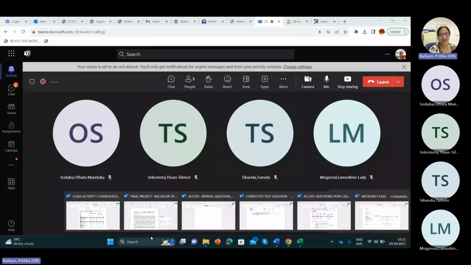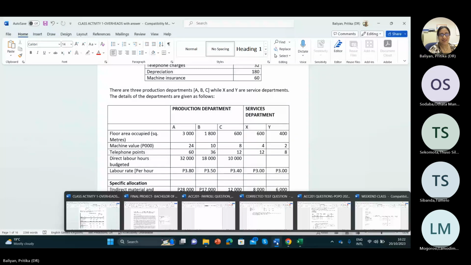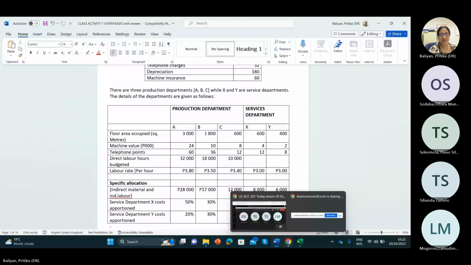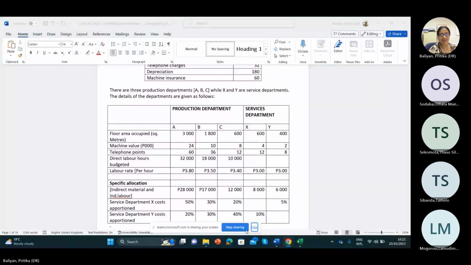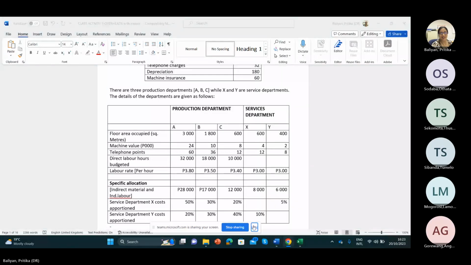Now, can you see the question? No, ma'am. But I'm sharing the slide and the question, not slide, it is a Word document. Is it visible now? Yes, ma'am.